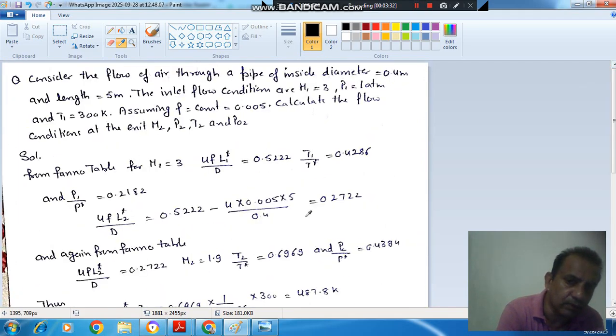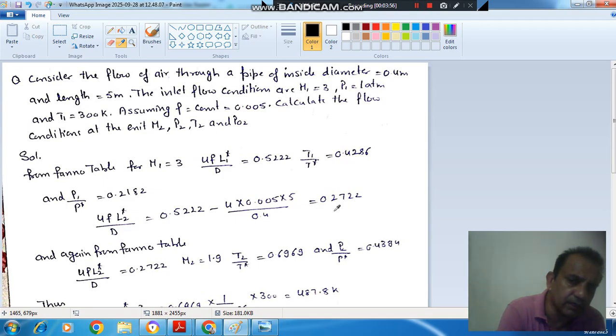So that value comes out as 0.2722. Or we can do one thing: calculate L1 star from this and subtract 5 meter from it, so we get L2 star, and then multiply it by 4F by D. It will come out as 0.2722.